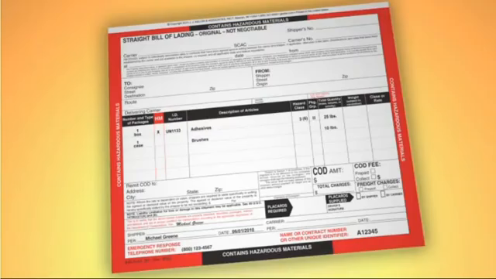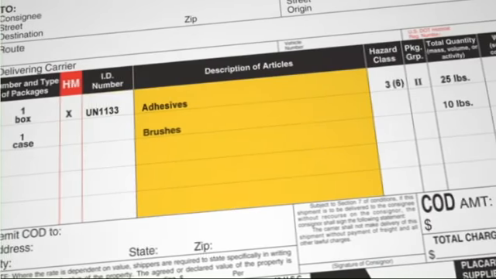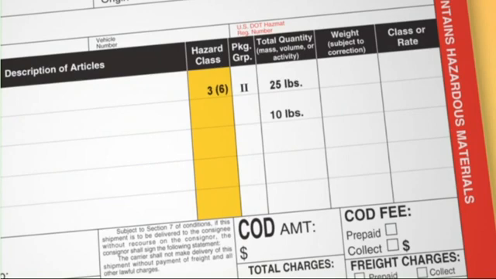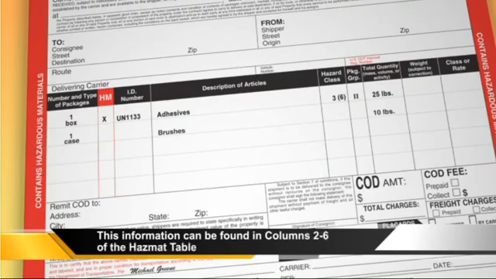The items that make up the basic description must appear in this order: the UN, NA or ID identification number, proper shipping name, primary hazard class or division number, subsidiary hazard class or division number in parentheses, and packing group if there is one. This information can be found in columns 2 through 6 of the HazMat table.